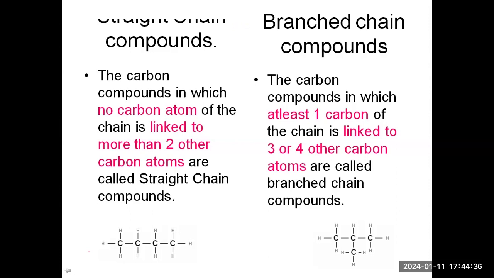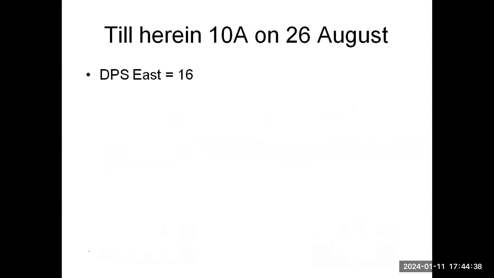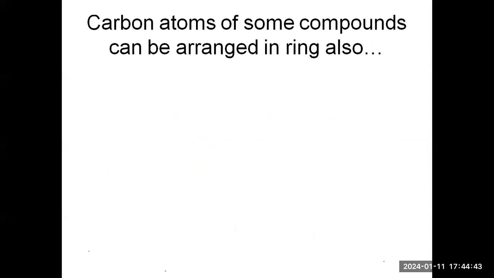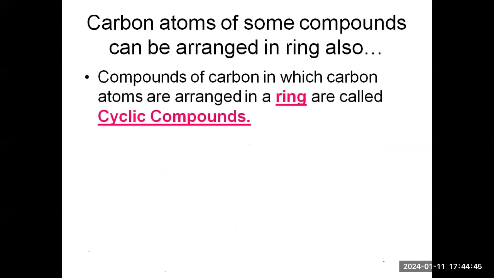So we have discussed the carbon compounds today, which have a single bond, double bond, and triple bond, which are straight chain, branch, and cyclic compounds.